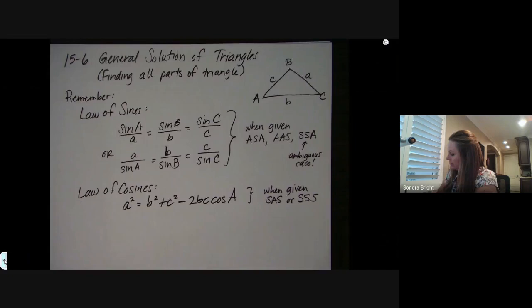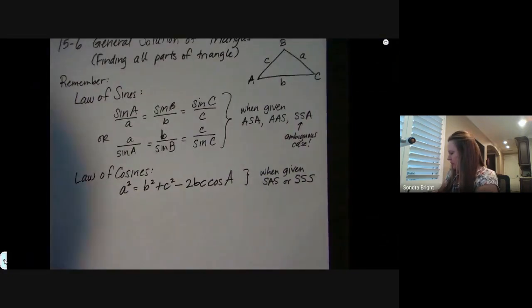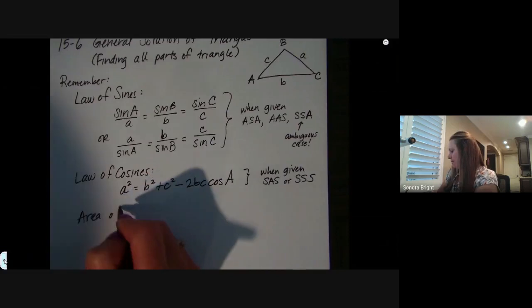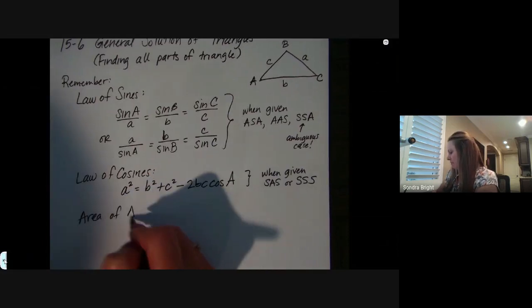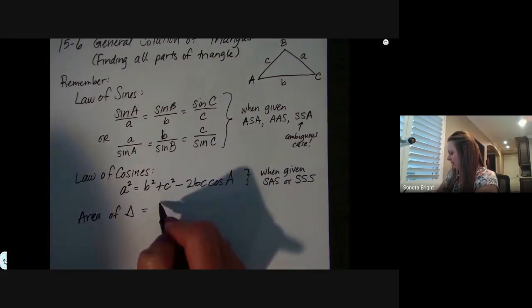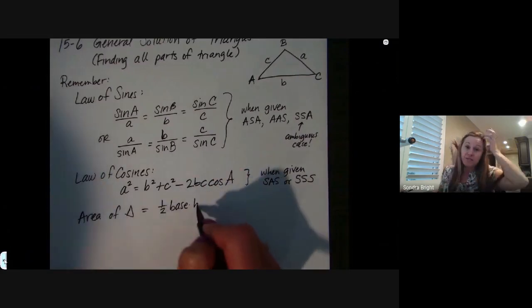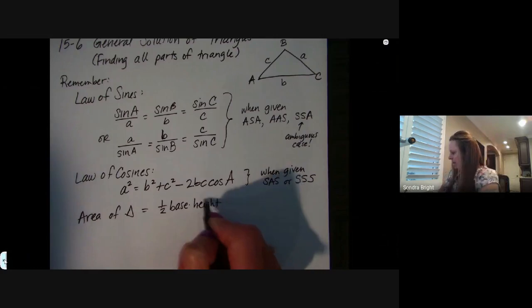So how about the area of a triangle? Well, we know it's equal to 1/2 base times height. That's if you were given the height, so if you're given a right triangle, then that will work.